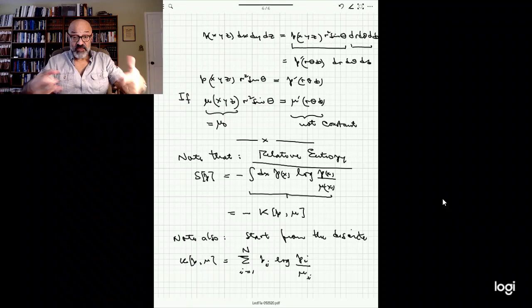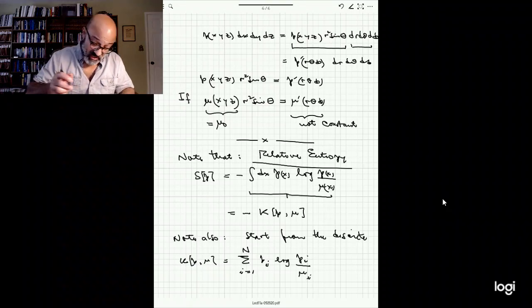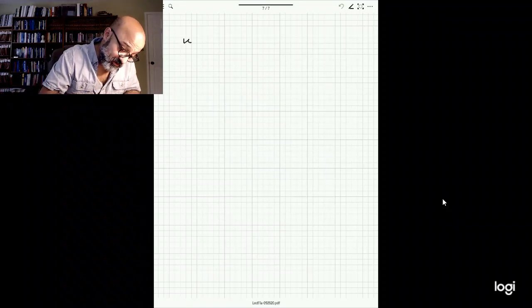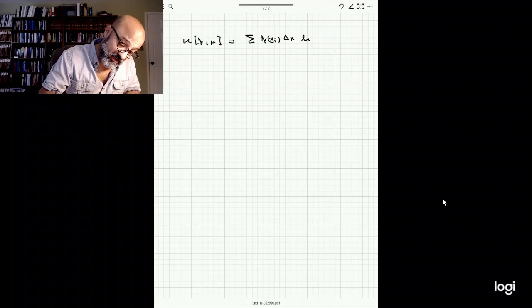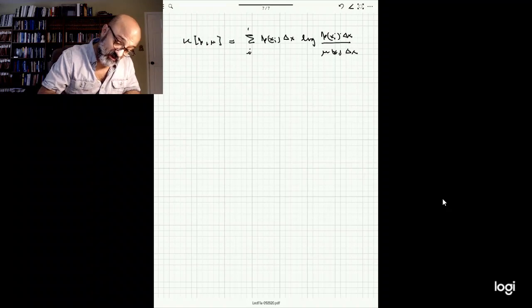Now we can play the same game. Start from relative entropy and write S[q, p, mu]. We're going to write this as being the sum of p(x_i) delta x log p(x_i) delta x over mu(x_i) delta x, when i goes all the way to n.